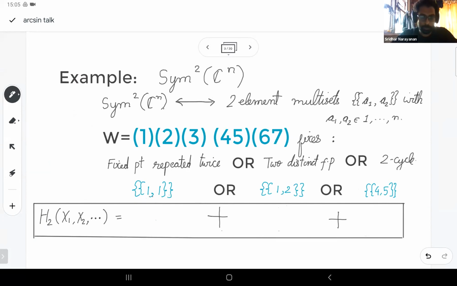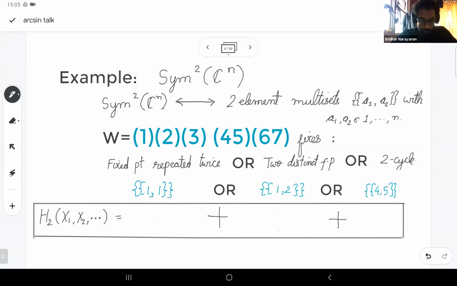So S_n has an action on such elements. It just acts by changing the labels of these elements. And so if we are interested in the character of Sym^2 C^n evaluated on a particular permutation, we just need to evaluate which multisets this permutation fixes under this action.